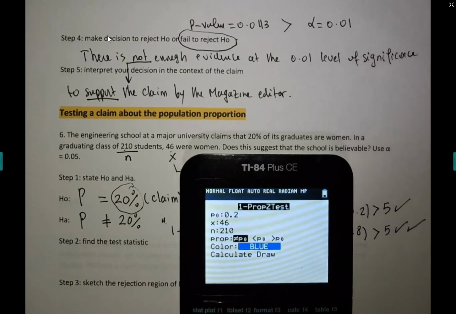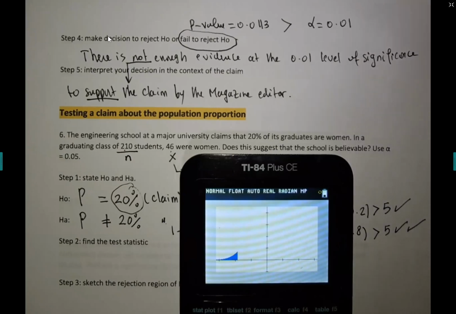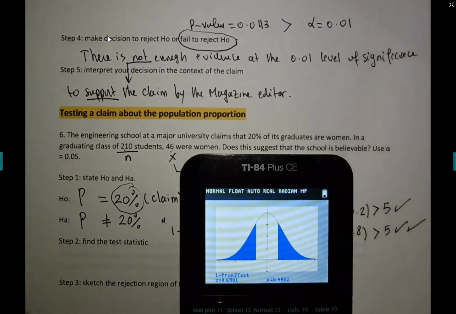I select not equal to, and then I hit draw. The p-value is going to show on both sides of the curve because this is a two-tailed test, guys. Watch. Oh, it's a huge p-value. All right. So Z is 0.69, as you can see, guys, and the p-value is 0.4902.